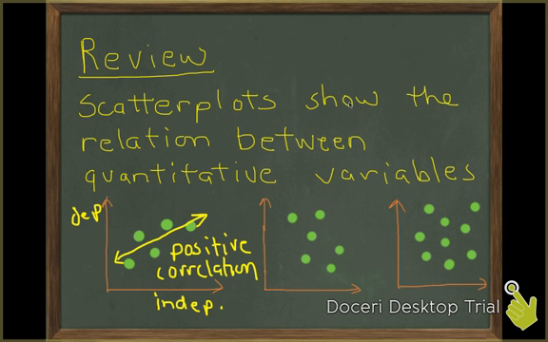In the second graph, as x gets bigger, the y values are getting smaller, so this would have a negative correlation. In the third graph, the points are scattered every which way. There's no pattern to them. It doesn't look like they're all going uphill or downhill, so this one has really no correlation.